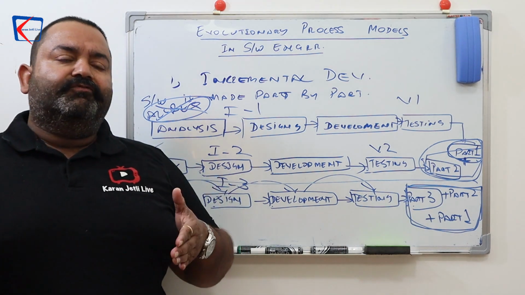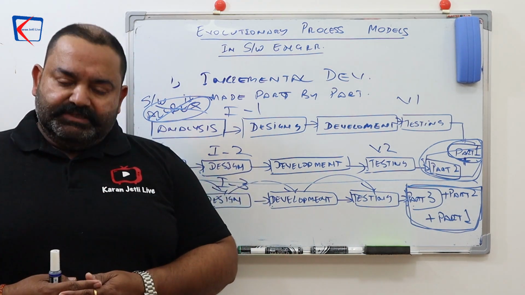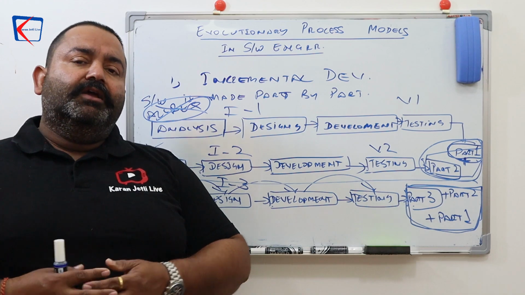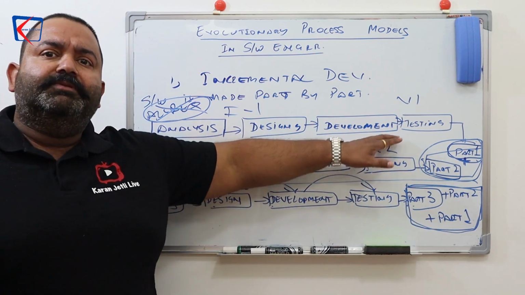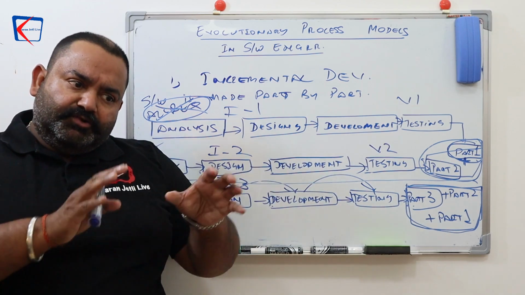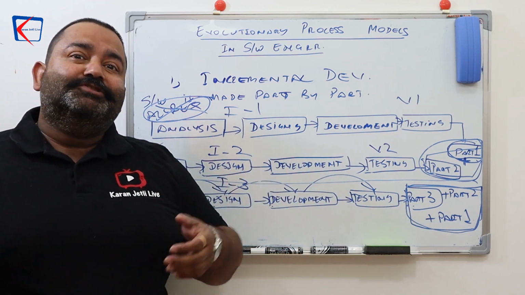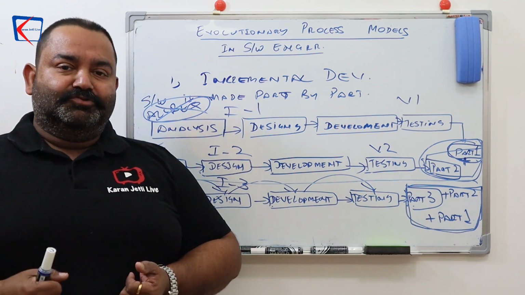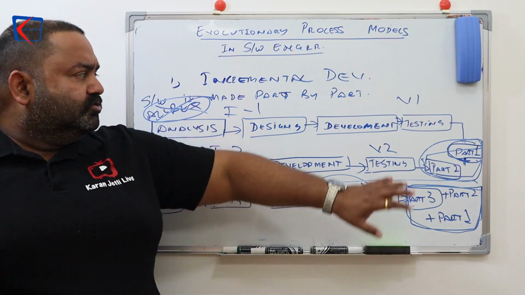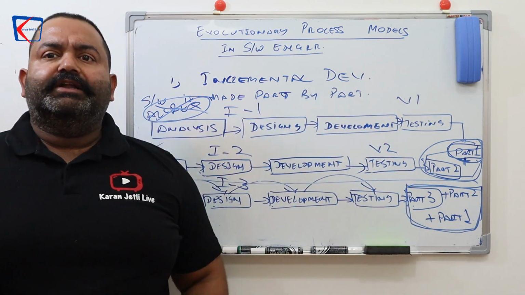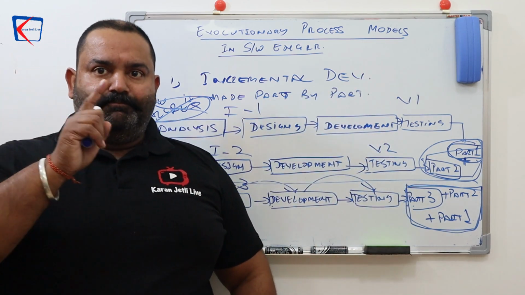So this system offers you the flexibility of changing. And since we do not develop the full system together, only part by part, this approach is more cost effective also, because we do not need a lot of resources to make the full system. So what is this called? It is called incremental development.